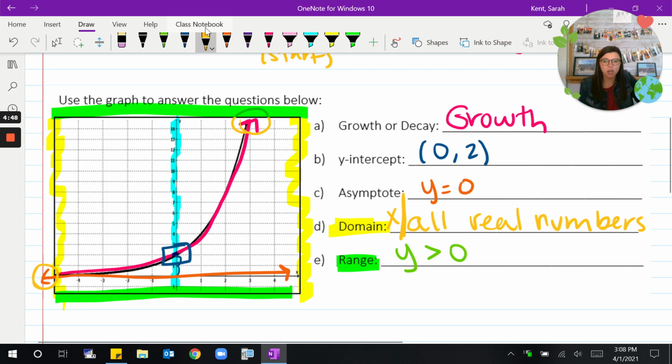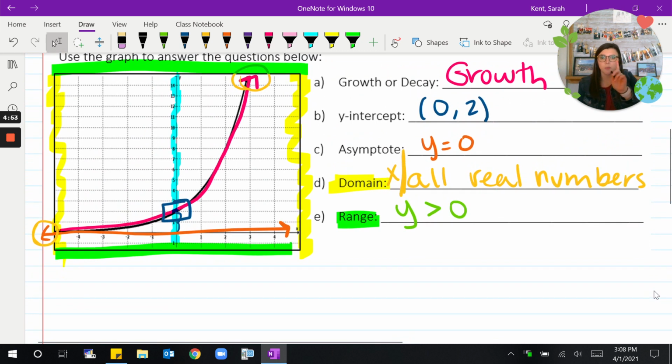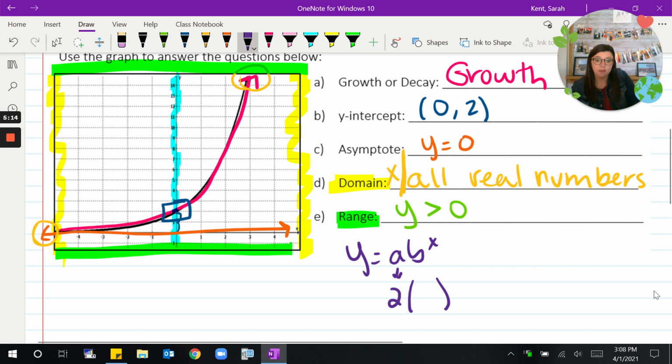All right, let's look at one more graph, and then you'll have some practice. Oh, I was going to look at one more thing with this: the equation. If we wanted to write the equation y equals a b to the power of x, our a is our y-intercept. So here our y-intercept was 2, so this a would be 2. For b, we have a growth. It's growing, so we want b to be greater than or equal to 1.